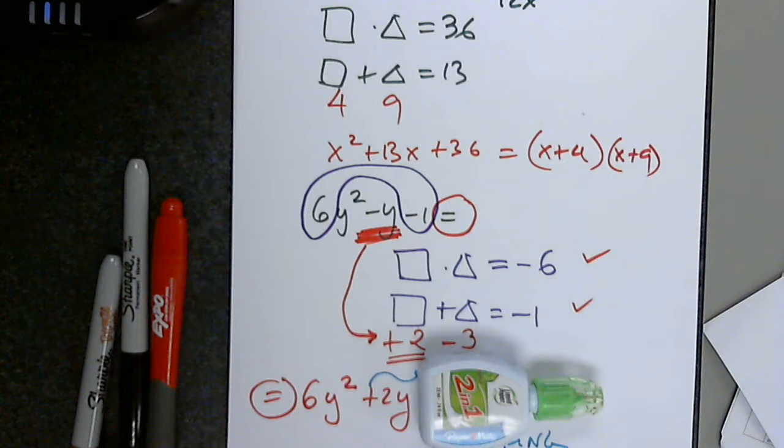I'm sorry. Would it be 6 plus 2y multiplied by something has to give us 6y squared. 3y? Very good. Plus 2y multiplied by something has to give us 2y. You factored out y, right? 1. Perfect.